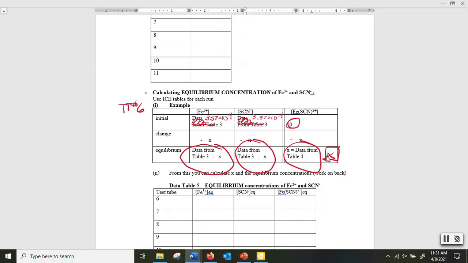And once you know X, you can find each of these iron 3+ at equilibrium and thiocyanate at equilibrium, and you can get your K, right? Because K equals the concentration of FeSCN, just from our equation right here, over the concentration of Fe3+ times the concentration of SCN minus. So that is what we're going to be doing.